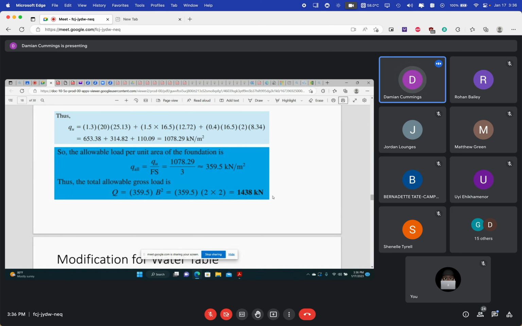Maybe you need to increase the width of the foundation. Maybe you need to make a 3x3 foundation instead, if the load from the column exceeds this 1,438 kilonewtons. Good, this is the allowable load and you cannot exceed it on that particular pad foundation. Okay, guys?